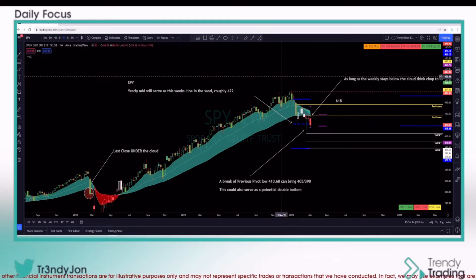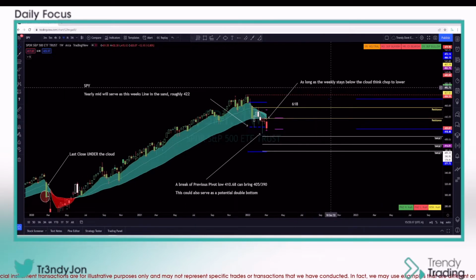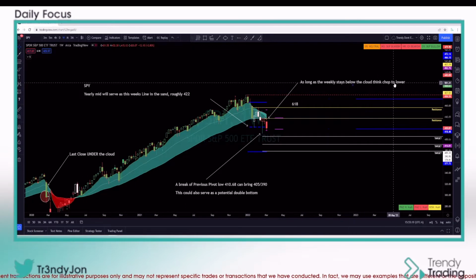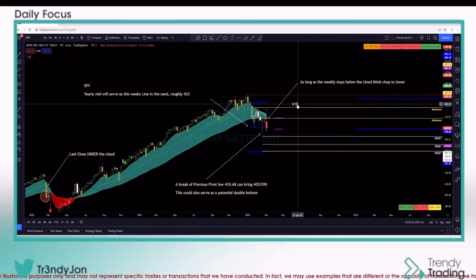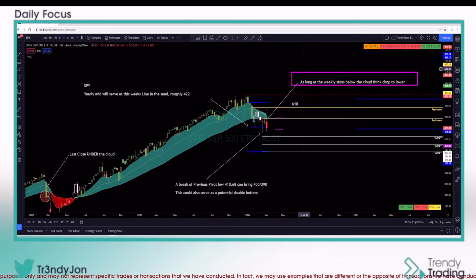All right. So the next thing is, as long as the weekly stays below the cloud, think chop to lower long term. I just want to be really careful with this statement because we don't know if there's a catalyst that could come up and all of a sudden this edge holds, and one week looks like this. You're still like, well, I don't really trust it.